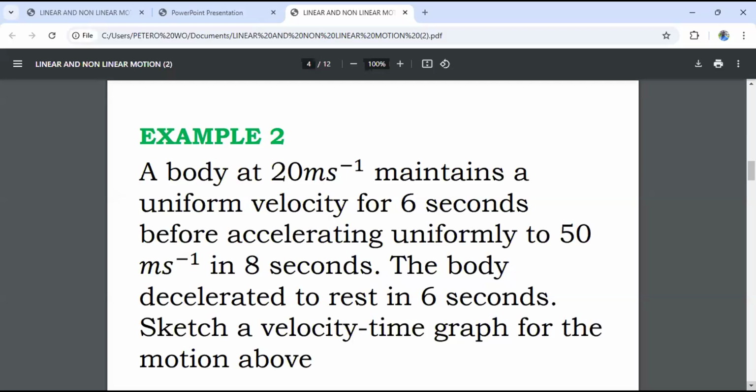And I'm giving you 3 minutes to try it out also. And we see how it will come out. You also draw a velocity time graph. And we see how it comes out.